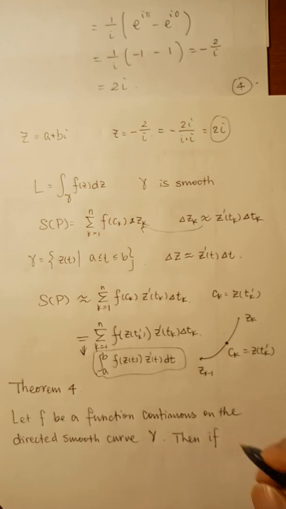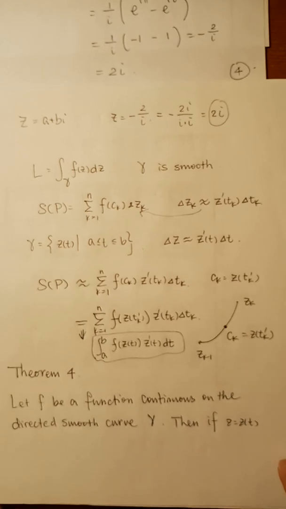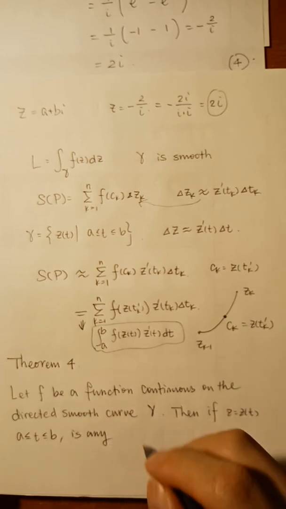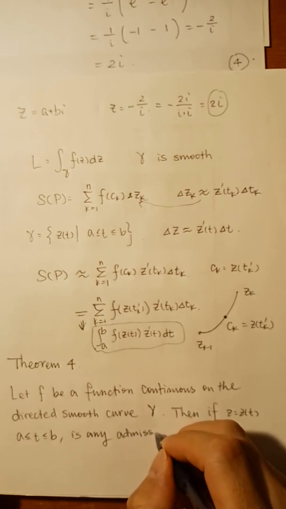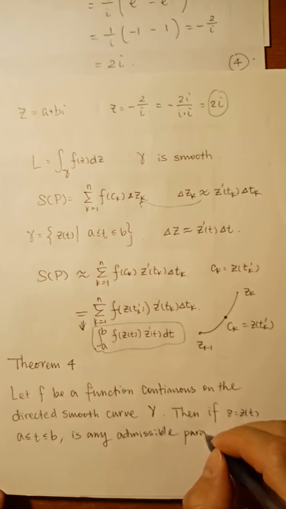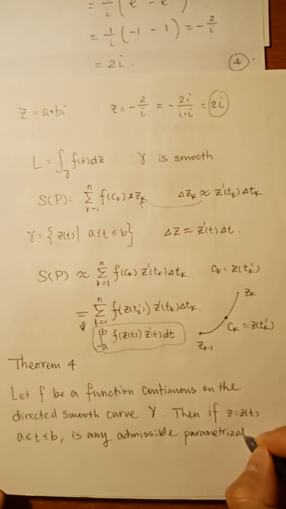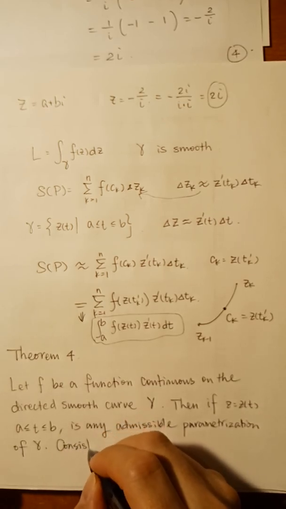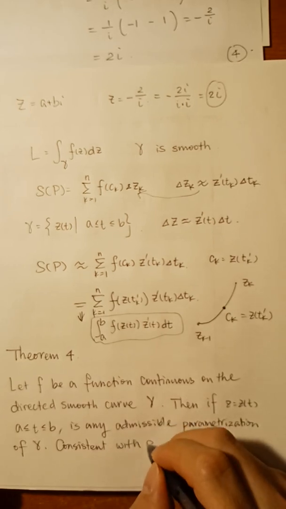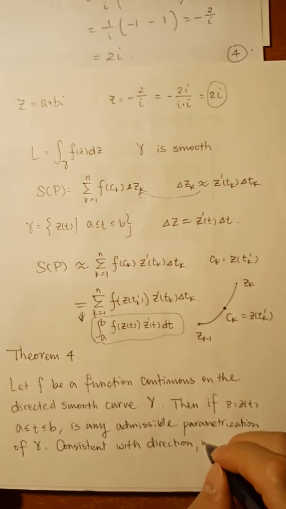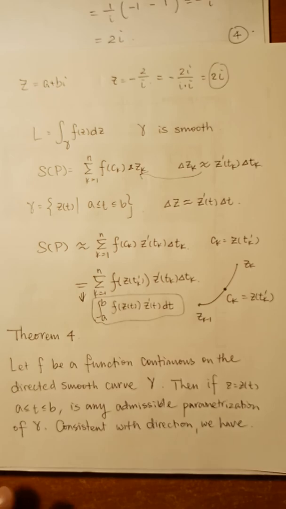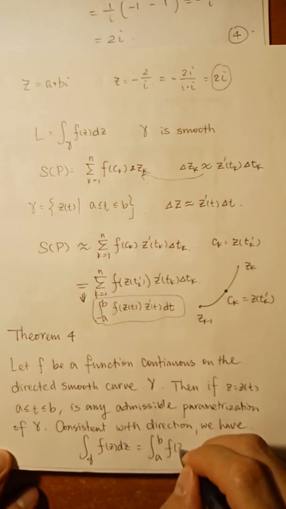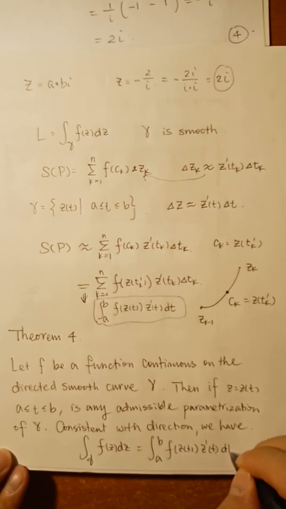Then if z equals z(t), with t between a and b, is any admissible parameterization of gamma consistent with its direction, then we have that the integral of f(z) dz along gamma is equal to the integral from a to b of f(z(t)) z prime(t) dt.